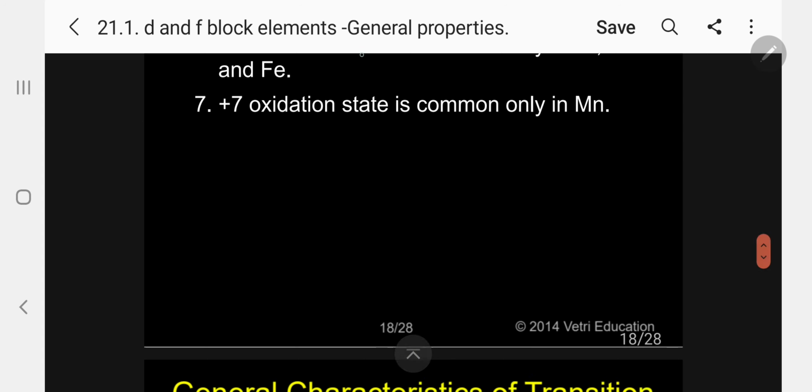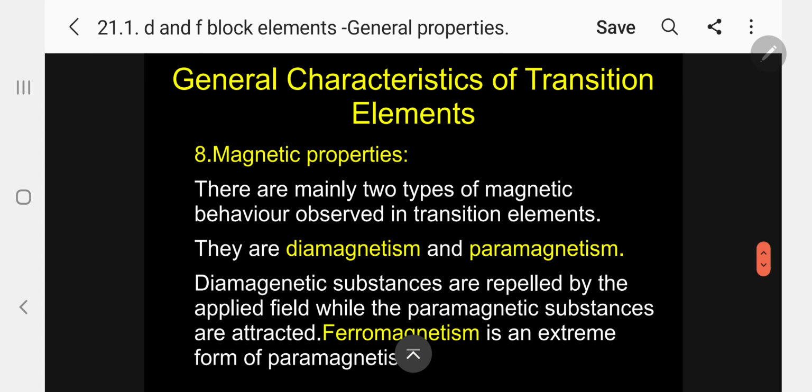Please follow. Coming to the magnetic properties, there are mainly two types of magnetic behavior observed in transition elements: diamagnetism and paramagnetism. When the electrons are completely paired in the d orbital, we call it diamagnetic.